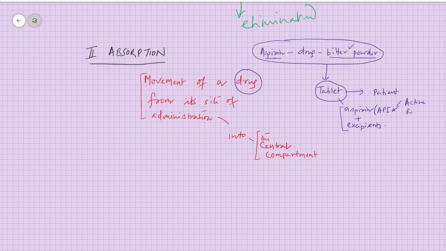Active pharmaceutical ingredient. So the drug is combined with excipients and made into a tablet. The process by which the active pharmaceutical ingredient is mixed with the excipients and made into a tablet is called formulation.